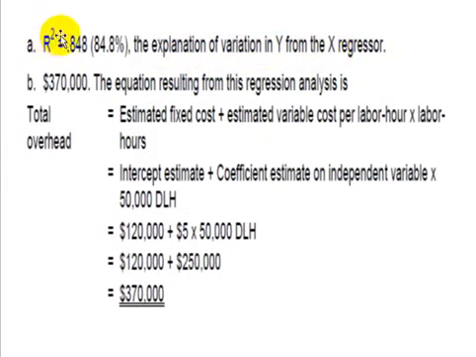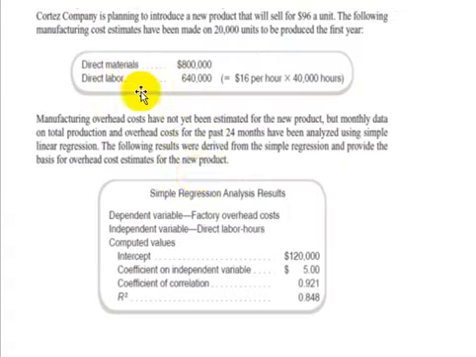So we use the coefficient of determination, or R square, from the simple regression analysis results. R square equals 0.848, or we can say 84.8%.